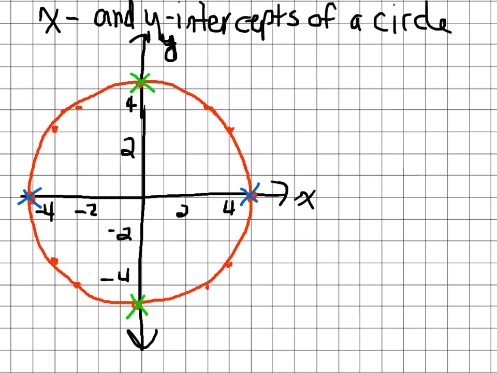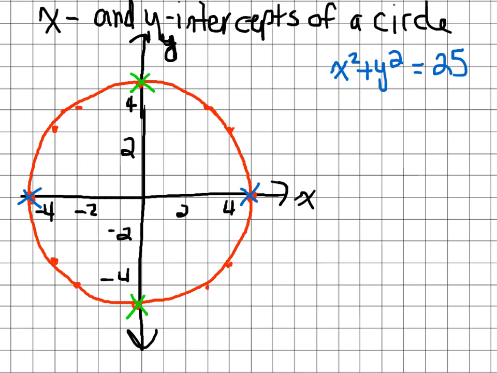If we look here, this is the same circle that we started with, and the equation of this circle that we determined at the beginning is x squared plus y squared equals 25, because the radius is 5, and 5 squared is 25.